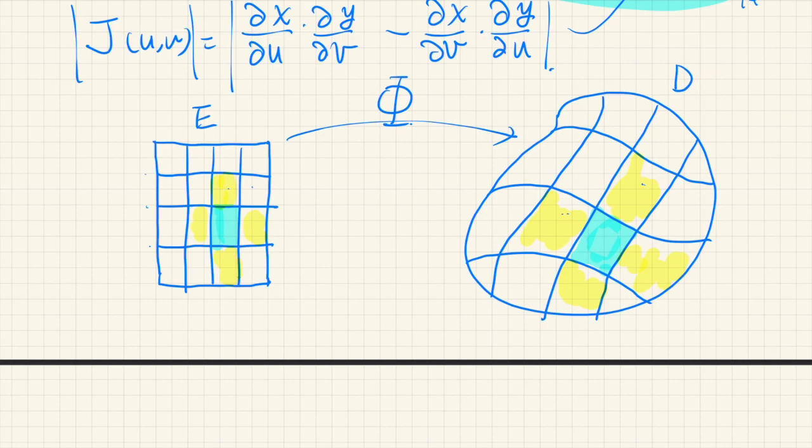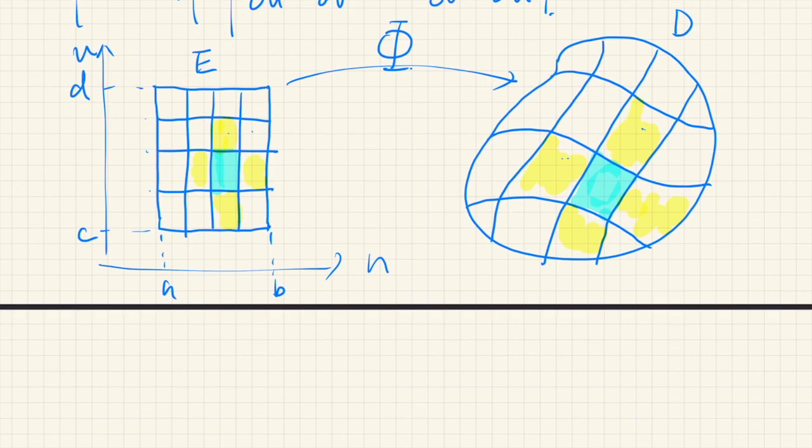Let's assume that in this UV region, this is A, this is B, this is C, and this is D. As usual, we label these grids as A0, A1, and so on, up to AN, and C0, C1, and so on, up to CM.